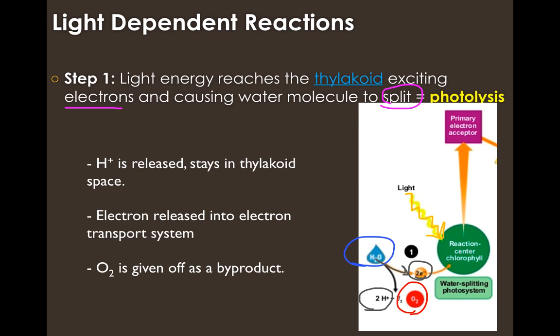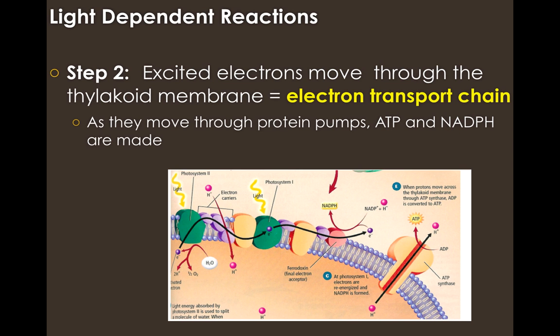So H plus is released, it stays in the thylakoid space. The electron is also released, but it enters something known as the transport system, which we'll talk about. And again, oxygen is given off as that byproduct. It goes out of the cell, or the plant breathes it out, and that's what we breathe in.